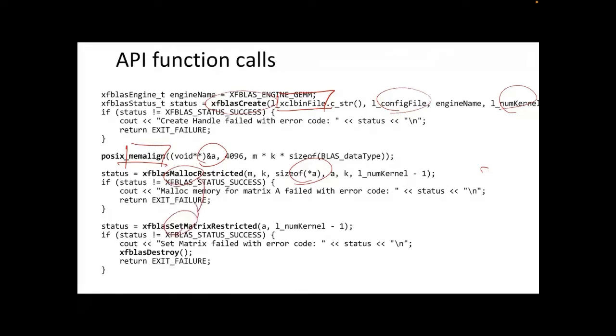After allocating, we send the data from the host to the device. If the operation fails, we destroy the handle generated before. Before we end the program, the handle should be destroyed to release the kernel.